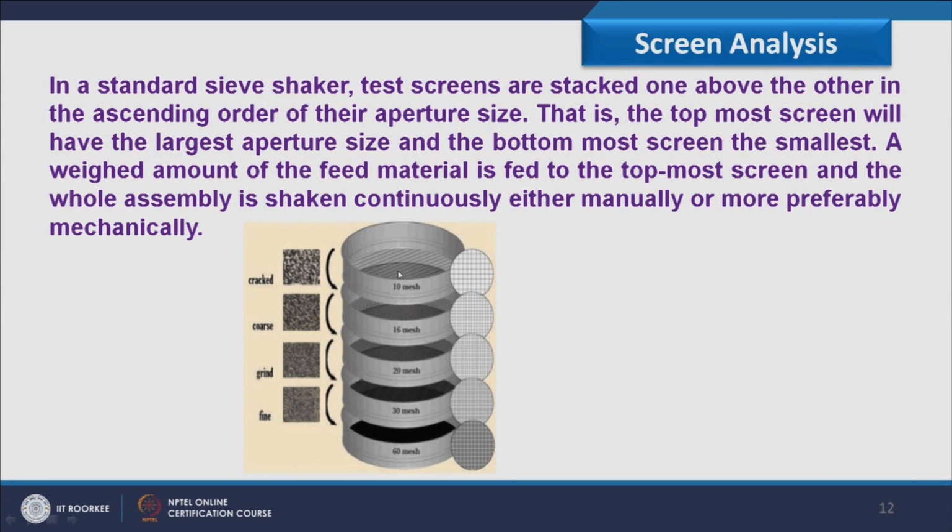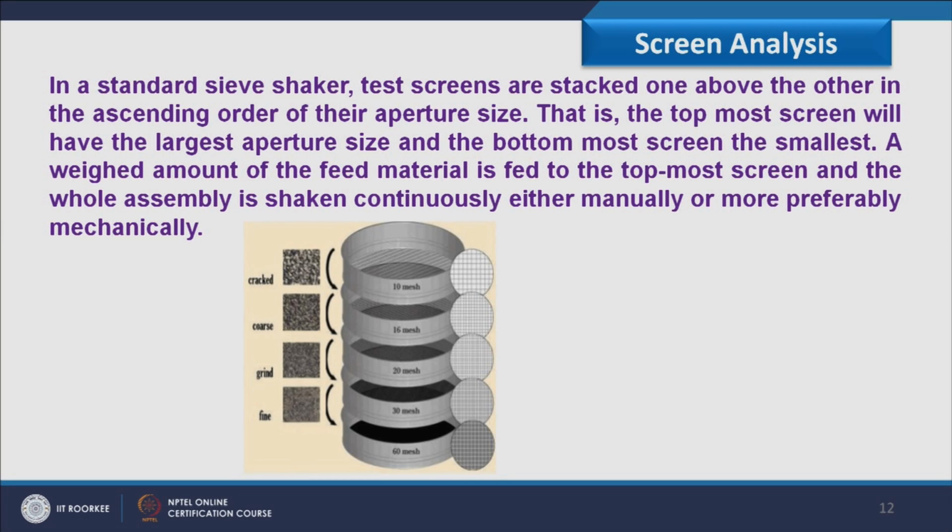Now, what is sieve analysis? Sieve analysis is basically done using a standard sieve shaker, in which screens of different sizes are arranged one over another. In this, test screens are stacked one above the other in the ascending order of their aperture size. If you see the topmost screen, it has the largest size because it has to retain the largest size particle and has to pass the particle lesser than this.